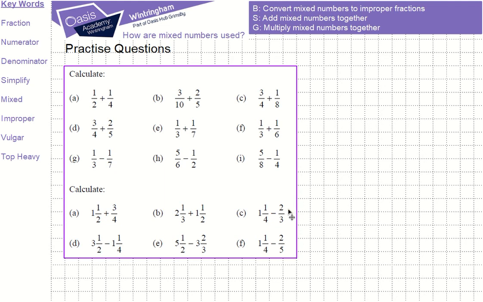You can go straight onto the mixed numbers if you want to. Again, if you're struggling with mixed numbers, just do this first section and move on. If you understand how to do normal fractions, you can skip that first section and go on to this second section straight away. Pause the video while you have a go, and when you're ready, press play and then you can see the answers.